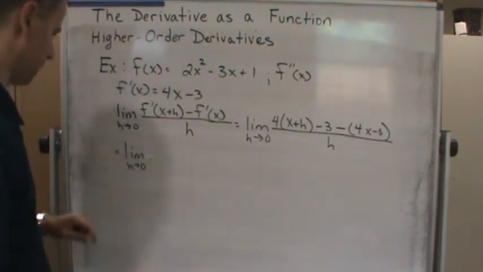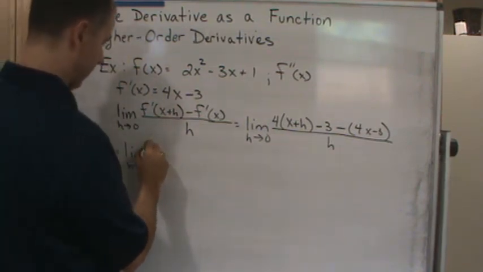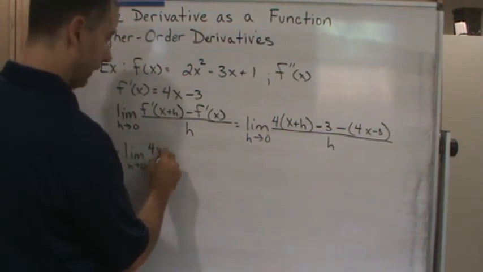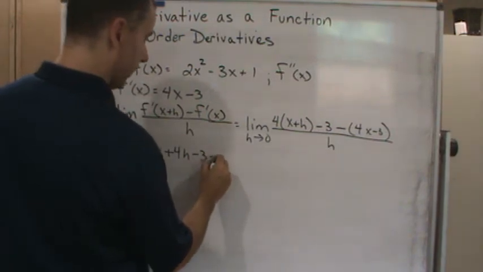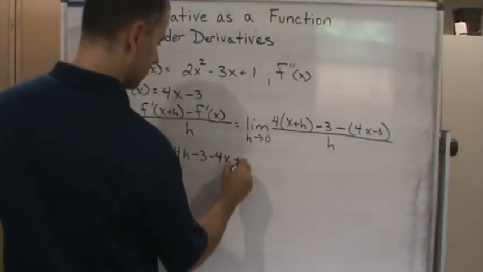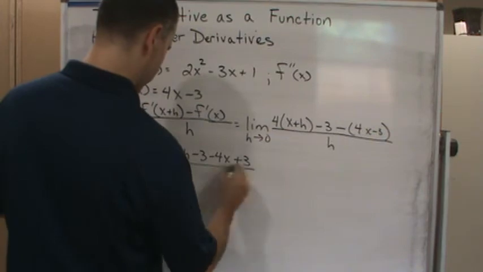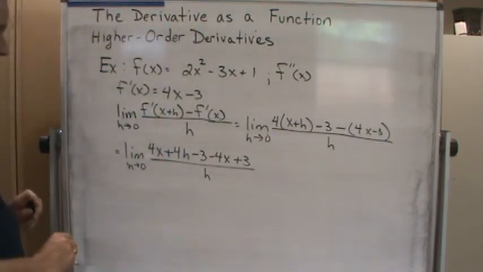And so now it equals the limit as h approaches 0 of 4x plus 4h minus 3 minus 4x plus 3 over h.